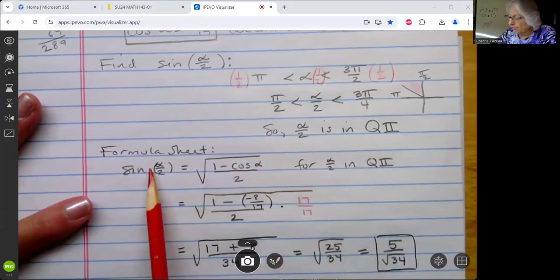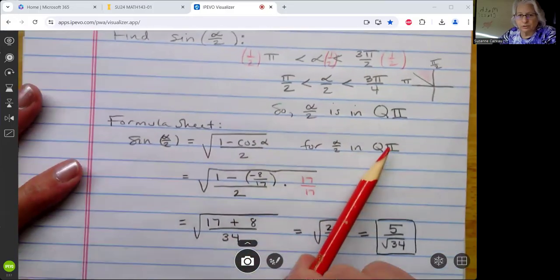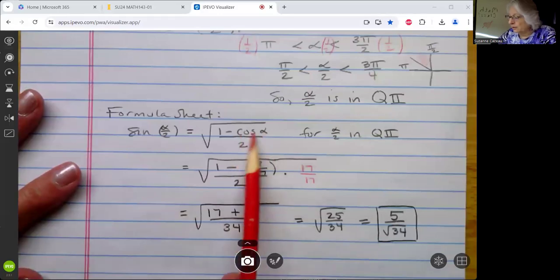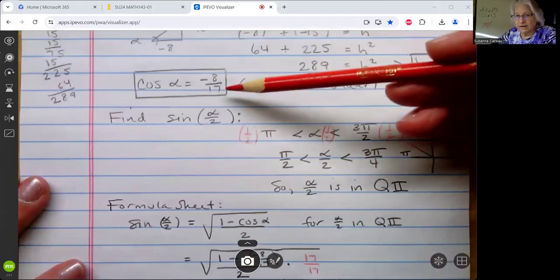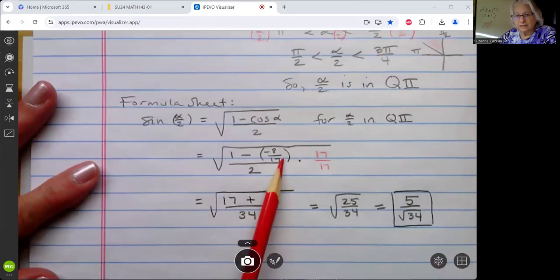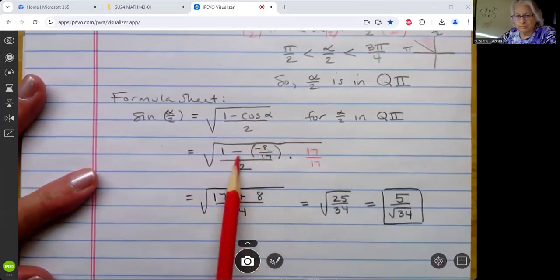So from the formula sheet, alpha over 2 is in quadrant 2, so we're using the positive square root here. And we need the cosine of alpha, which we figured out up here, negative 8 over 17. So we plug that in. 1 minus a negative is 1 plus.